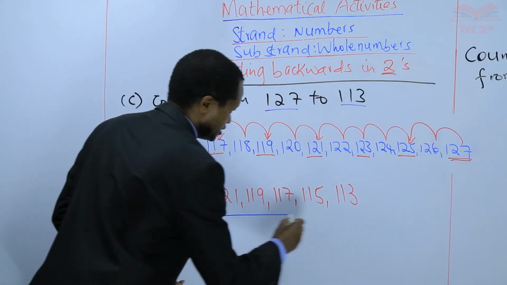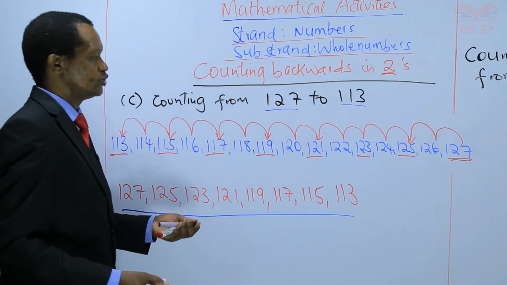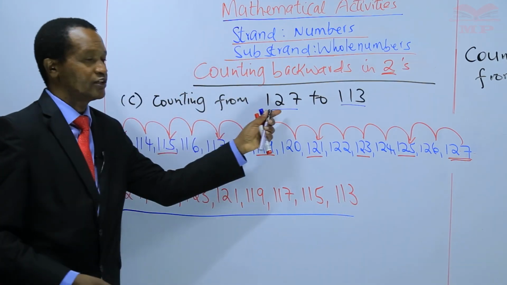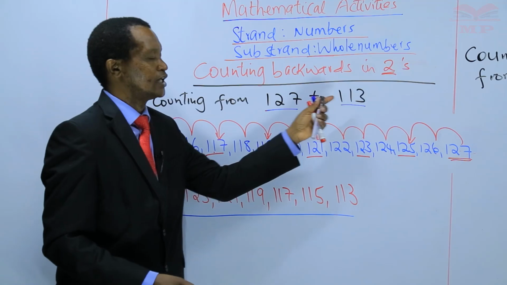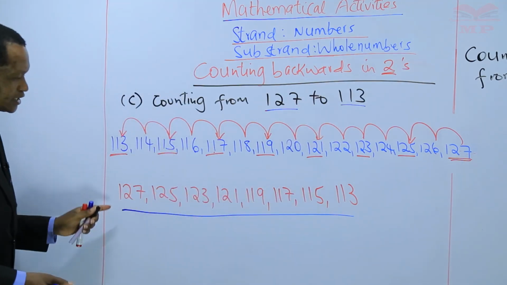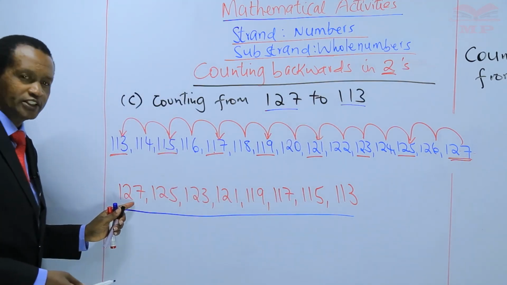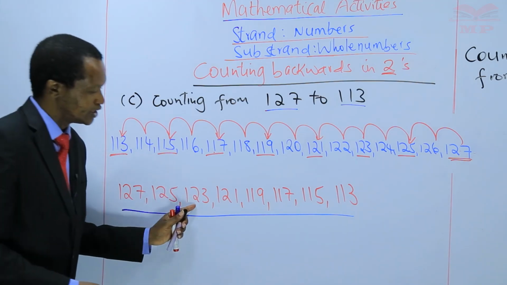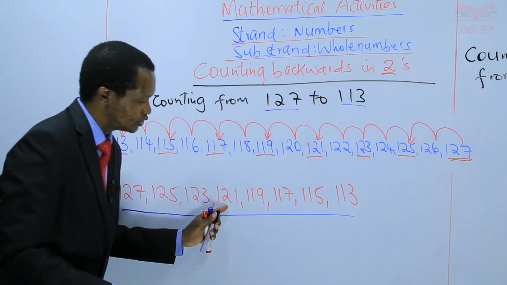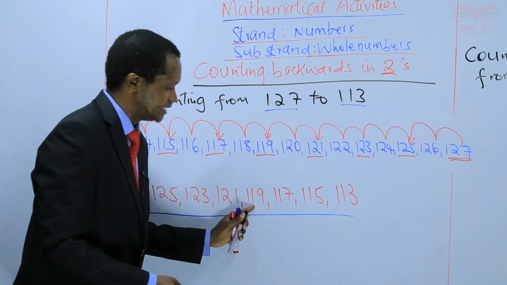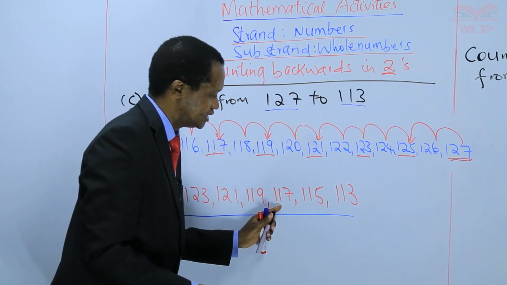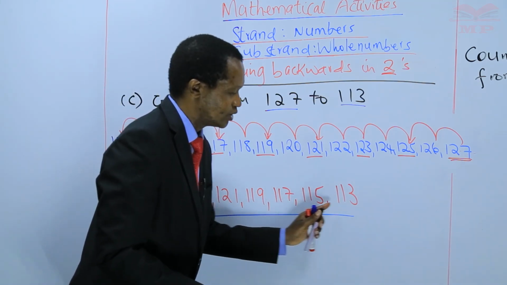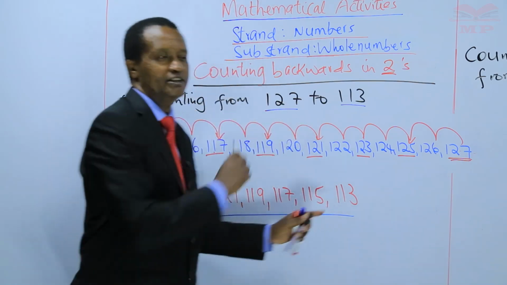What have we done? We have counted backwards in twos from 127 to 113, and the answer is 127, 125, 123, 121, 119, 117, 115, 113.